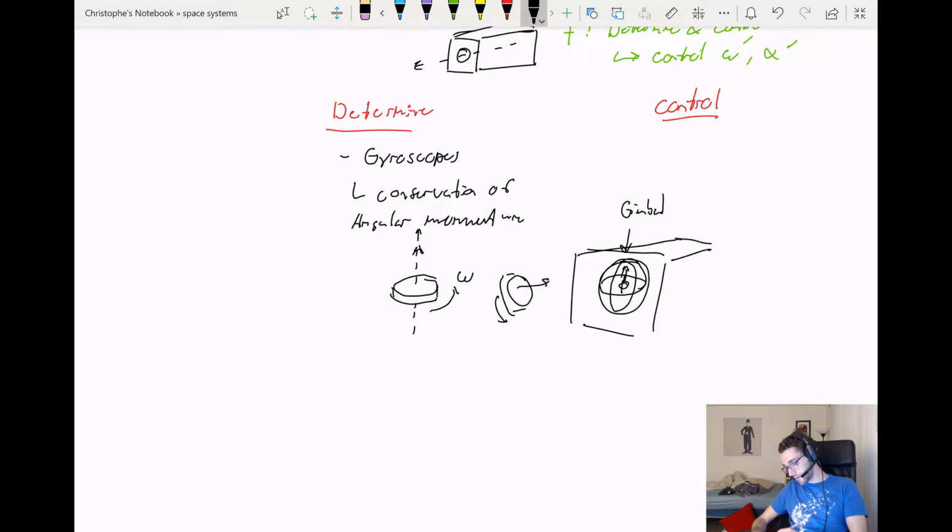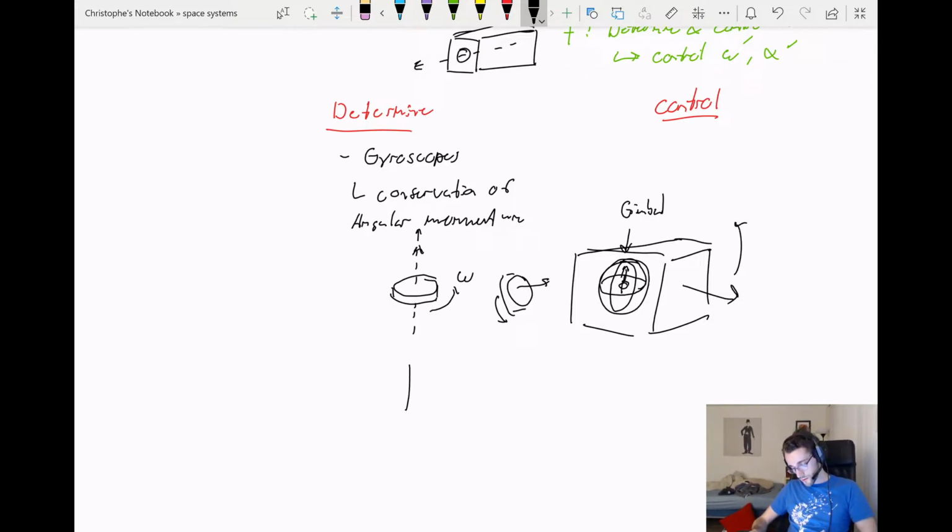So say we've got a little CubeSat here. We can put it inside of our CubeSat and change the orientation of our CubeSat however we like, and due to the principle of conservation of angular momentum, that little gyroscope, that little spinning thing in that gimbal, will maintain its vector. It'll maintain the direction that it was spinning in.